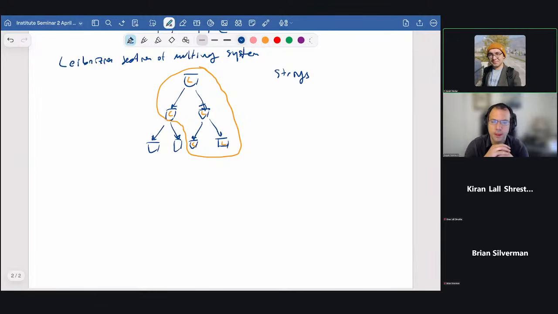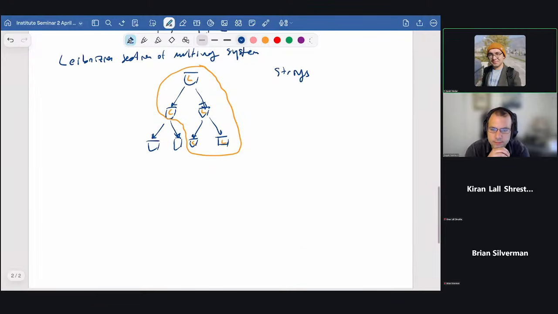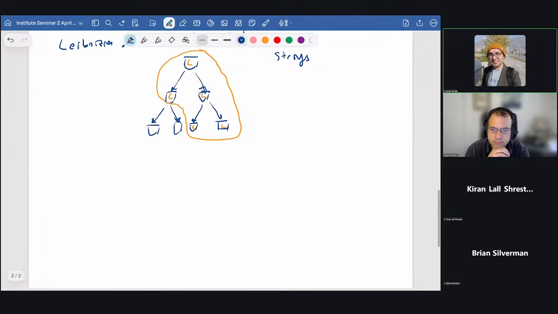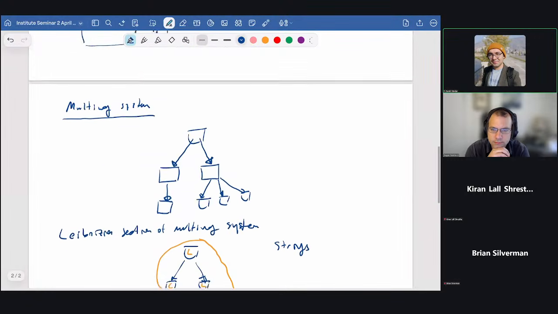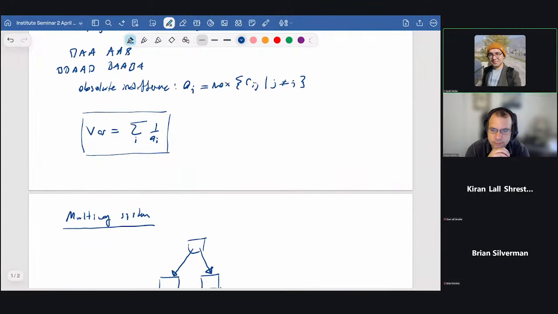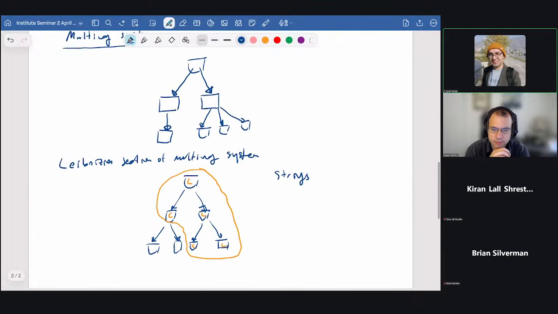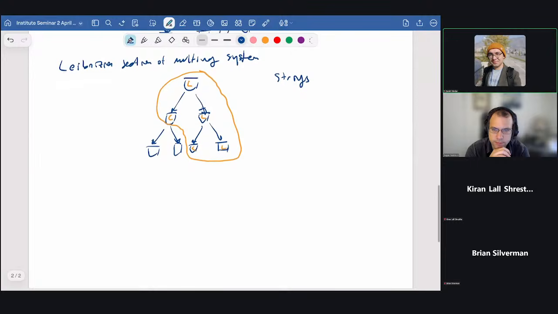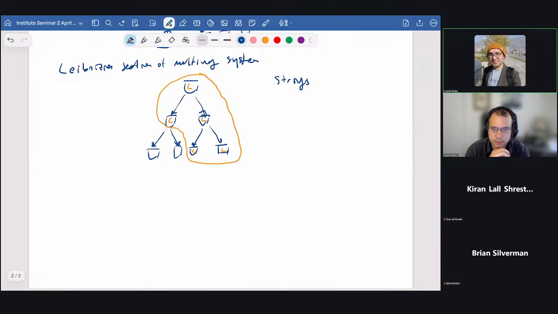Now, we have a way to assign numbers to strings. How? We talk about the variety functions. So given a Leibnizian string, we can calculate its variety and assign a number to some abstract string. Then, if we can assign numbers to configurations, we can define an action on the multiway system.